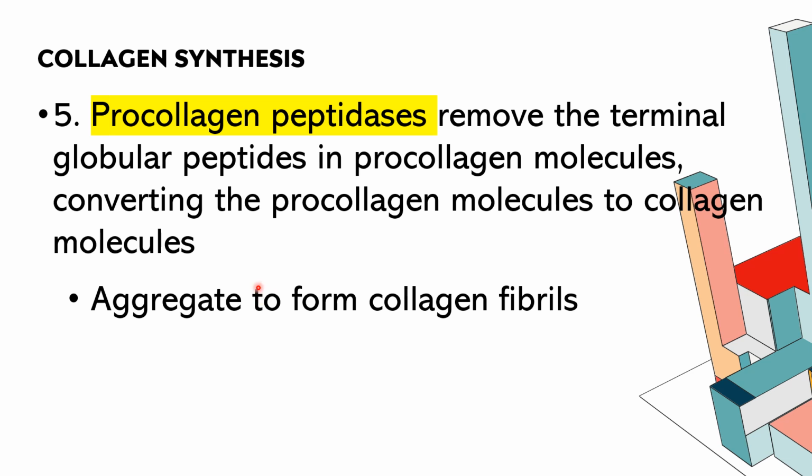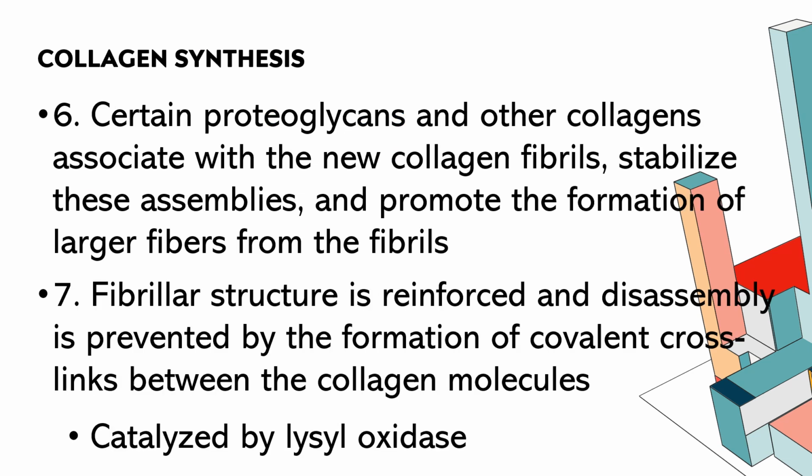And then you have the attachment or association of certain proteoglycans and other collagens with the new collagen fibrils. Of course, they will also stabilize the assemblies and promote the formation of larger fibers from the fibrils.